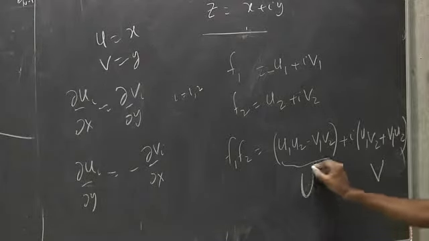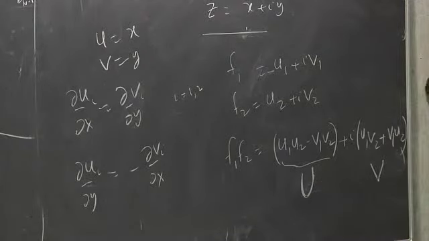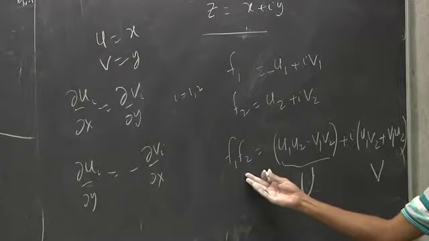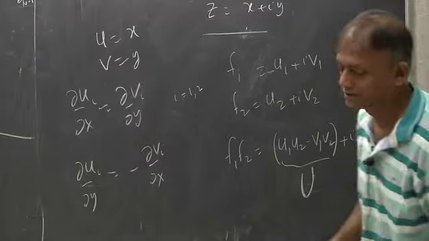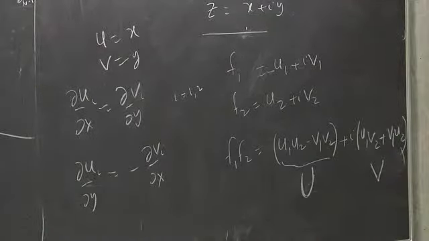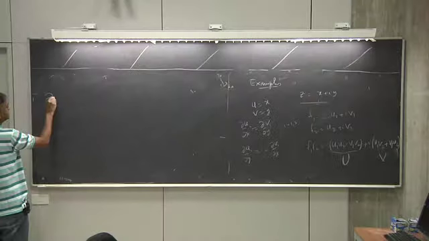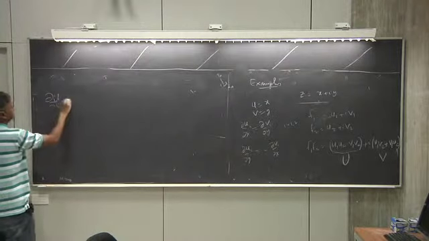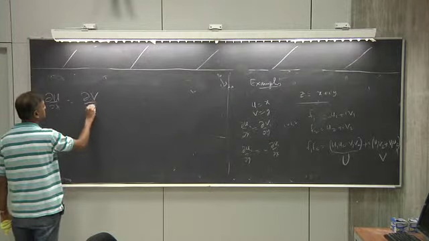So we want to check whether capital U and capital V satisfy the Cauchy-Riemann conditions. If they do, then this is an analytic function also. Let's see if it's true or not. Let's check the first equation: is d capital U by dx equal to d capital V by dy?